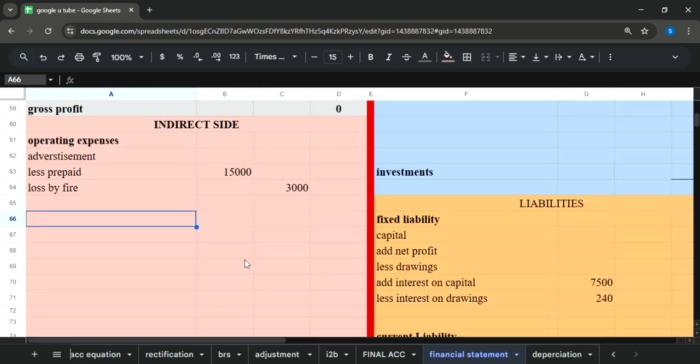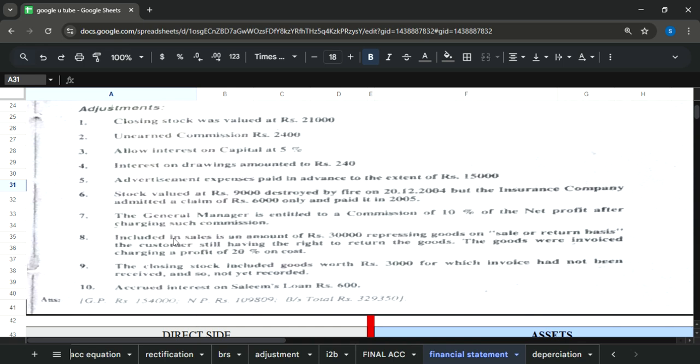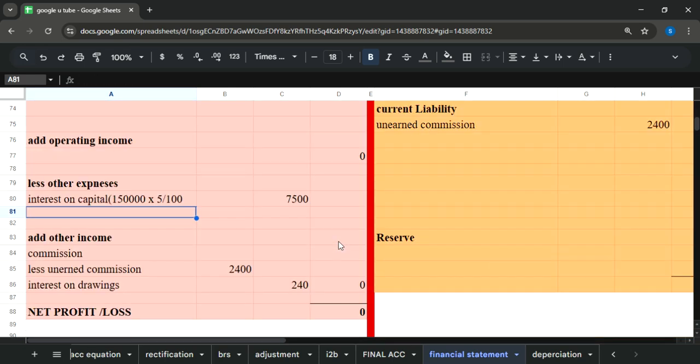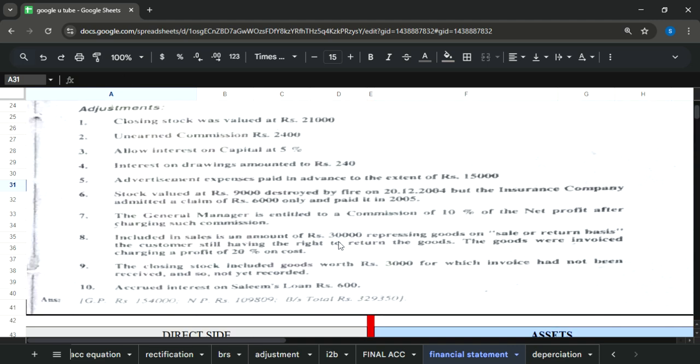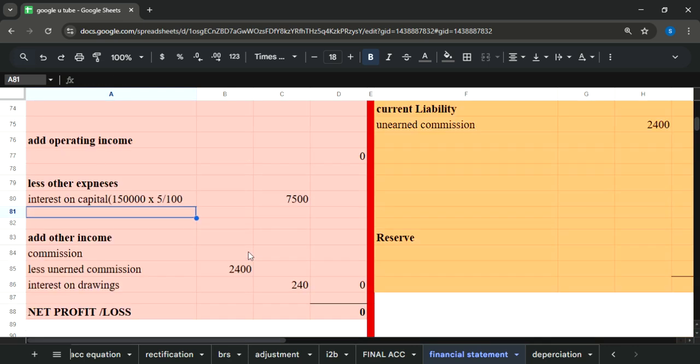And here in our entry, it is said that you have sold for 30,000. So 30,000 is equal to cost is unknown, we may write C, then plus profit is mentioned over here, and that is 20% on cost.